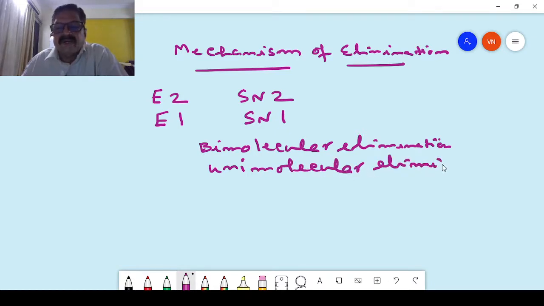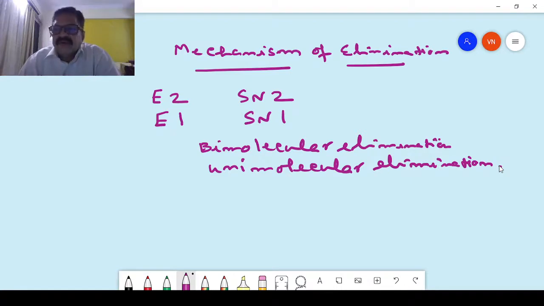There are two mechanisms we can identify for the elimination reaction, E2 and E1. The difference here is only in the timing of the bond cleavage and the timing of the bond formation, similar to the SN2 and SN1 mechanisms. So E2 and SN2, E1 and SN1 have so many common features.